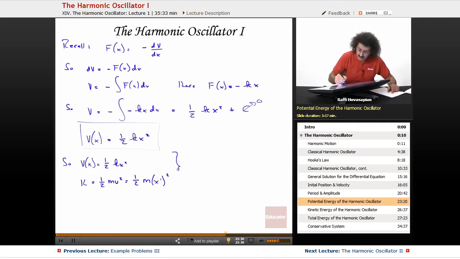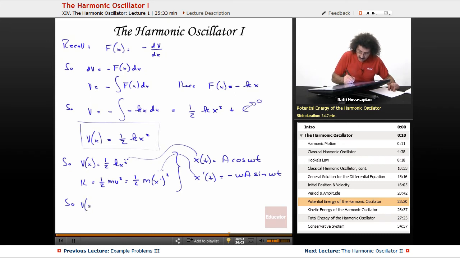Okay. Well, x of t, we know that x of t is A times the cosine of omega t. When we take the first derivative, which is going to be the velocity, it's going to end up being negative omega A sine of omega t. So let's go ahead and put those back in. This is x of t, x prime of t. We're going to put these into here.